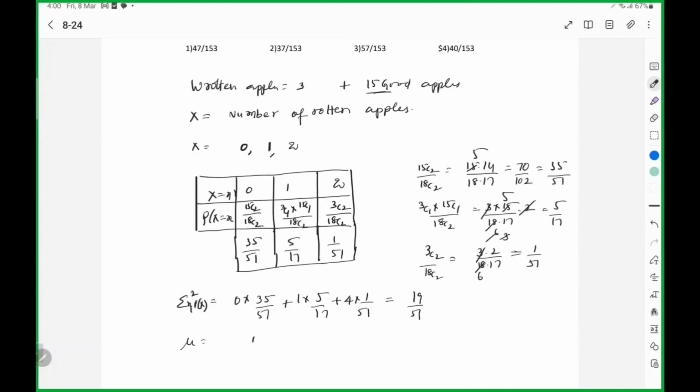So mean here is 0 plus 2 by 51. So mean here is sigma xi times probability, so it is 15 by 51, 17 by 51.